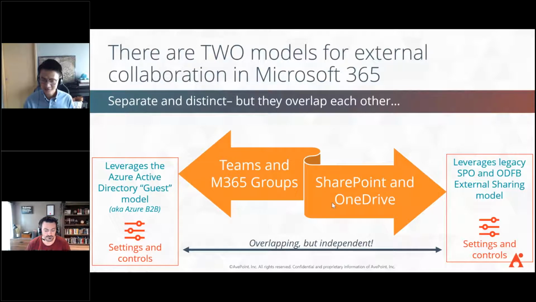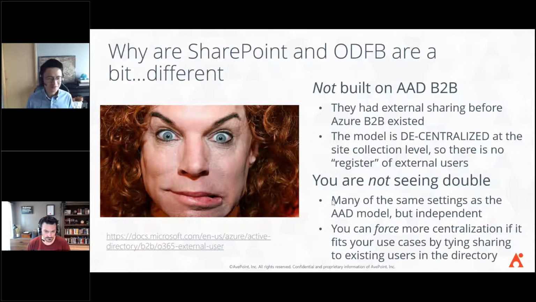This is what it is, and this probably gives you some of the fear, doubt, and worry that we shared earlier in the session. It actually came from this part as well, right? SharePoint and OneDrive are not built on Azure AD B2B. They existed earlier, and the model is meant to be decentralized. If you came from a SharePoint on-prem world, you will probably be familiar with this.